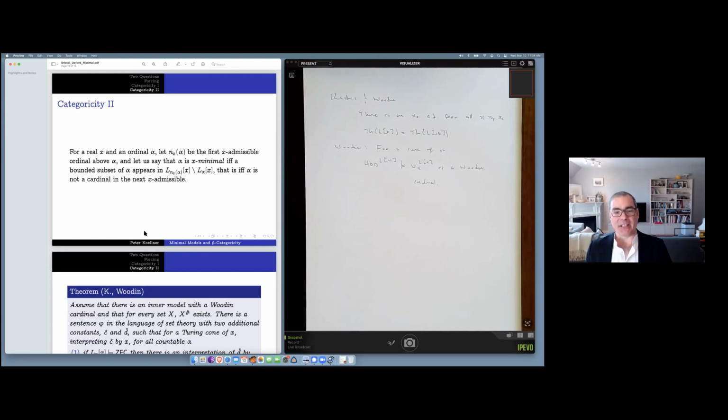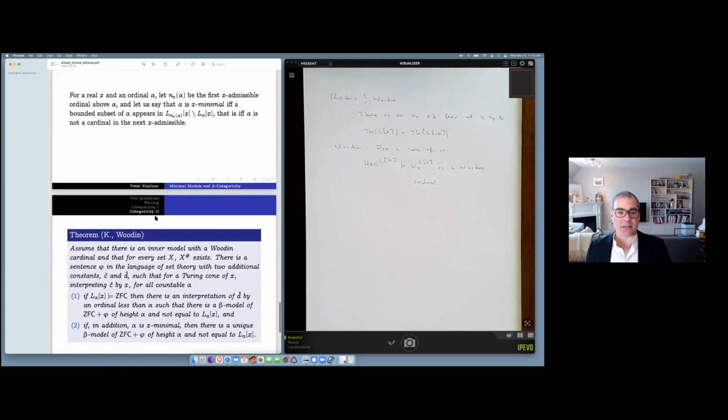Which is to say that a bounded subset of alpha appears on the road from L alpha of x to the next admissible. In other words, alpha is not a cardinal in the next admissible. So you're projecting. Before you get to the next admissible, you're projecting across alpha.